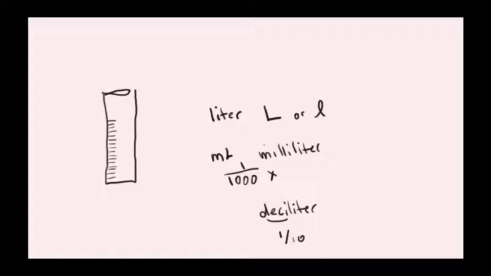And one of the things that I'm supposed to mention to you here, this is actually pretty important, is that when you measure things, if you actually look at the inside curvature of a liquid, you'll notice that it actually curves upward. There's a little bit of a curvature, and that's called the meniscus.